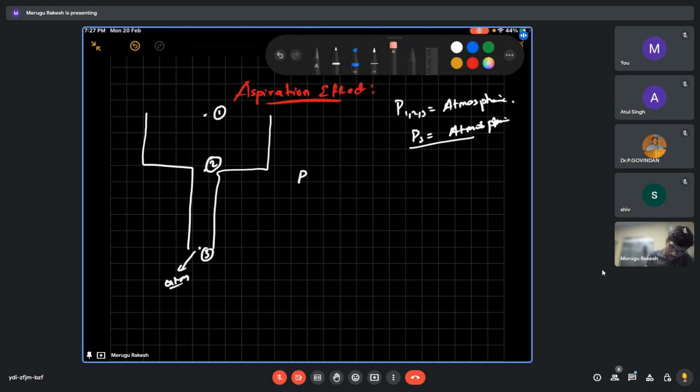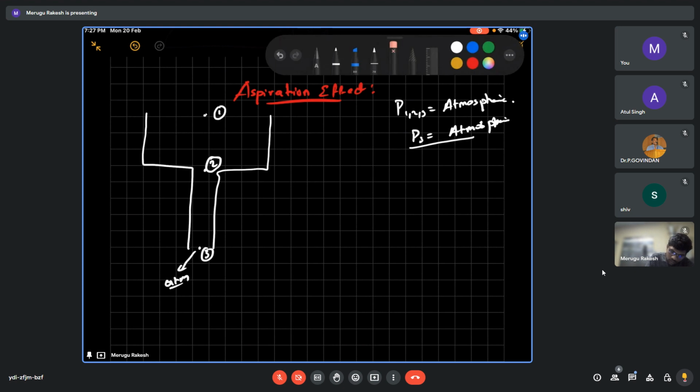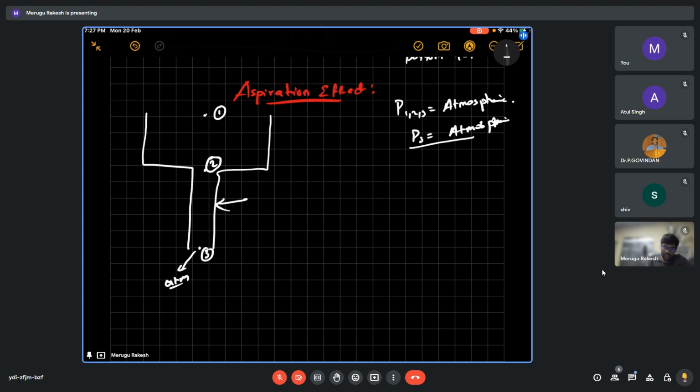I'll tell you in short. In this case, we also need to ensure one more thing. If you take this type of sprue, which is cylindrical, the continuity equation gives A1 V1 equal to A2 V2.